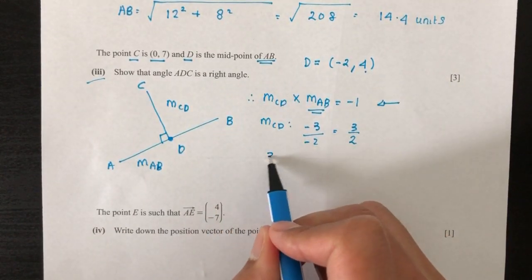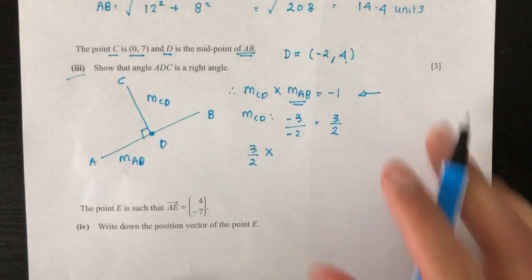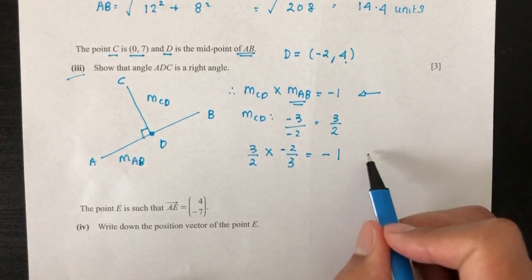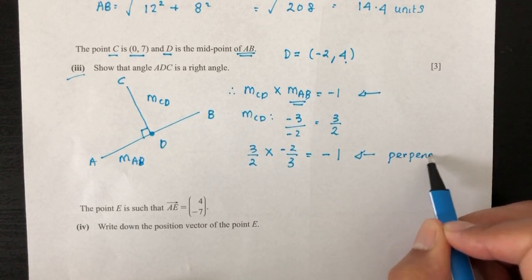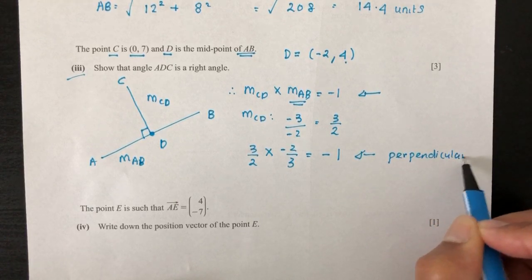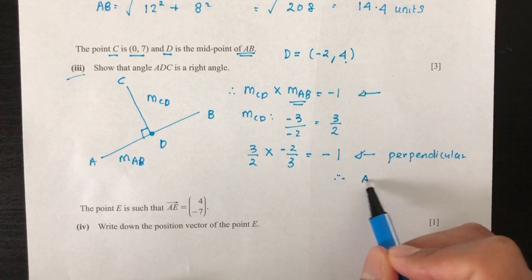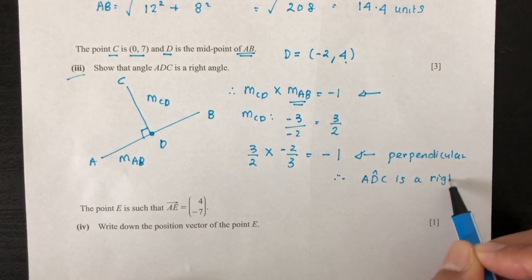So this will be 3 over 2 times minus 2 over 3 is equal to minus 1. So you have shown that it is perpendicular. Perpendicular means it is at right angle. So from this you can hence write ADC is a right angle.